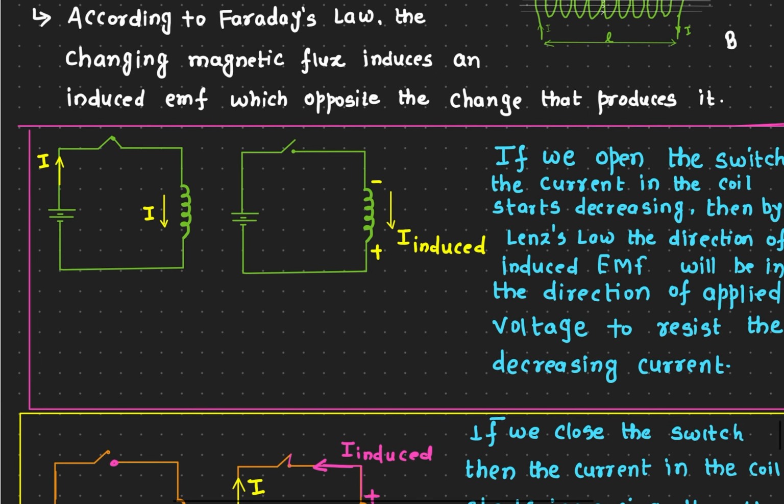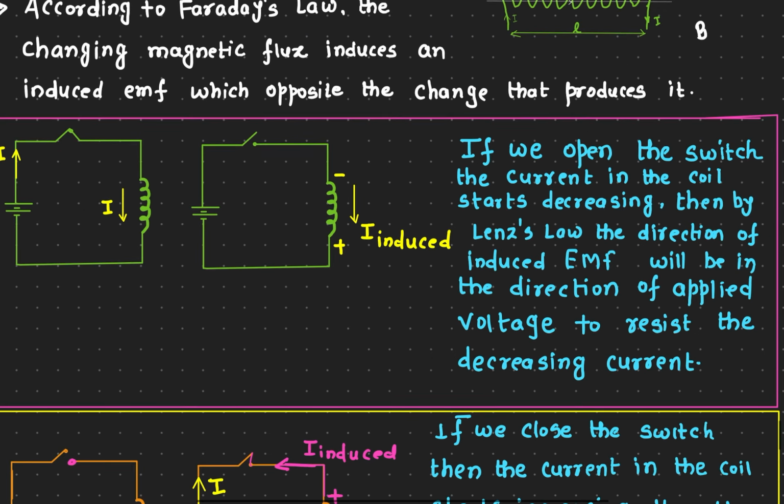For example, let us consider a solenoid which is connected to a DC source here, and this is a switch, and this switch has been on for a long time. Now we're going to open the switch. As we open the switch, you might be thinking the current in the circuit will drop to zero immediately, but that's not the case with an inductor.